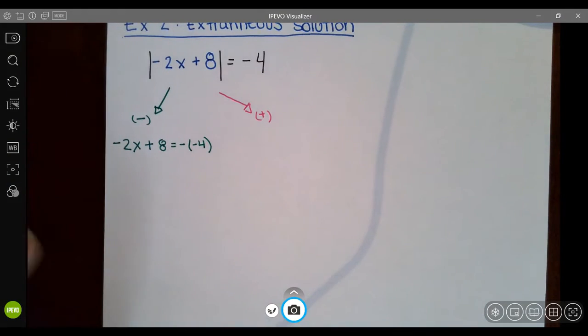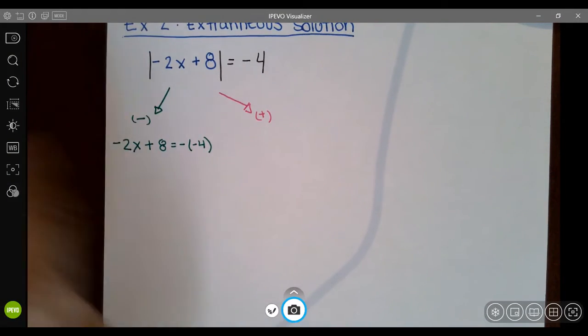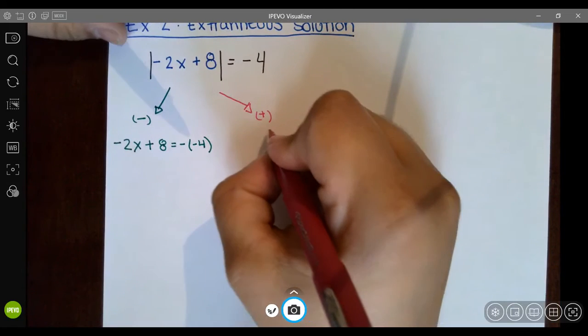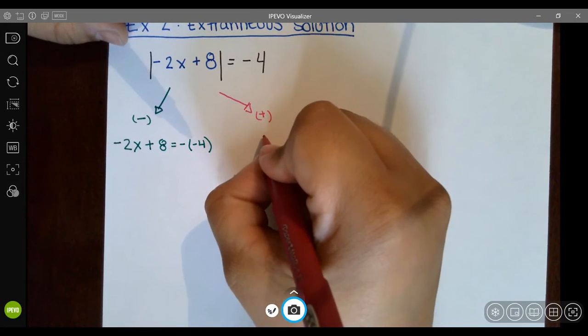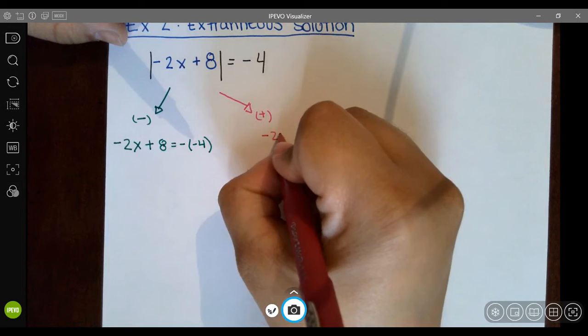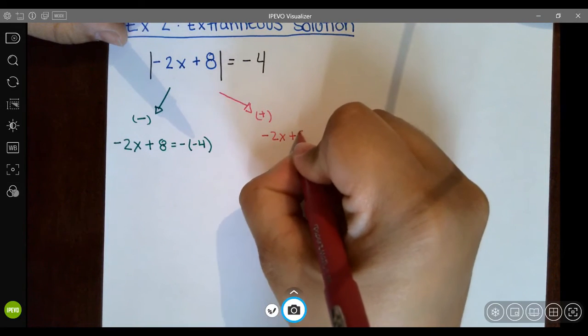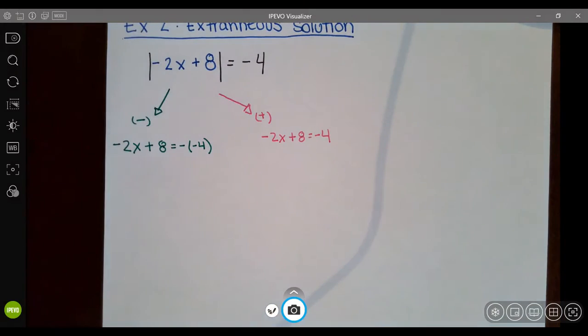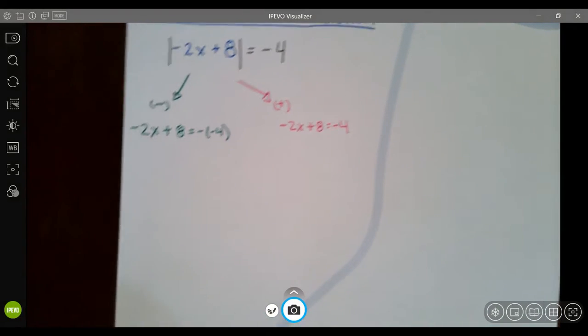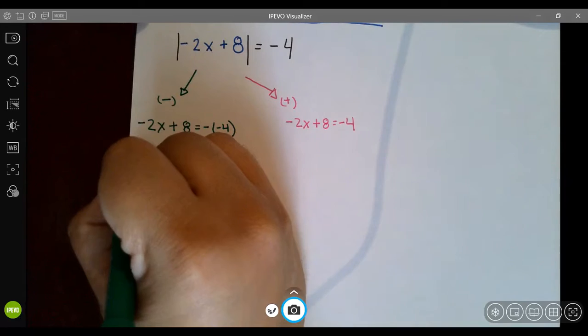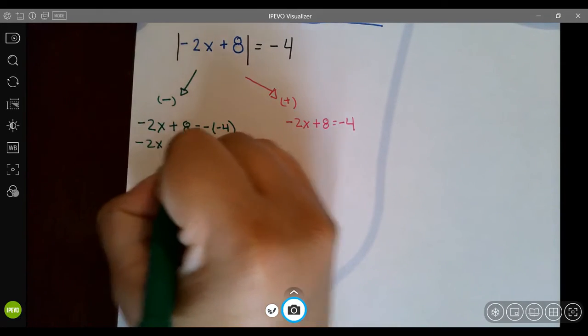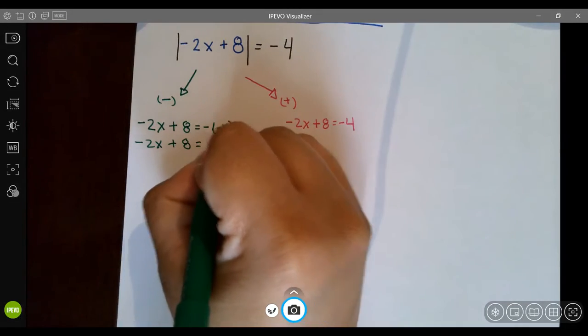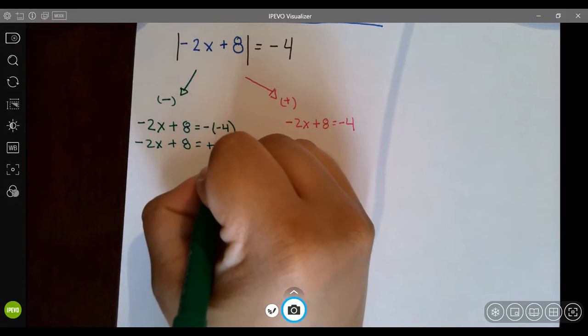So make sure that you write that correctly so that we have the correct sign. So over here, I'm going to rewrite it. Negative 2x plus 8 equals negative 4. Okay, so let's go ahead and rewrite this one. Plus 8 equals, and this becomes positive 4.